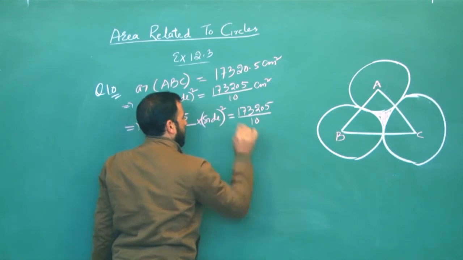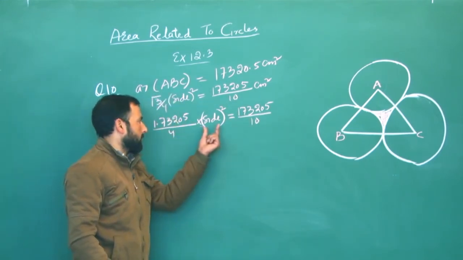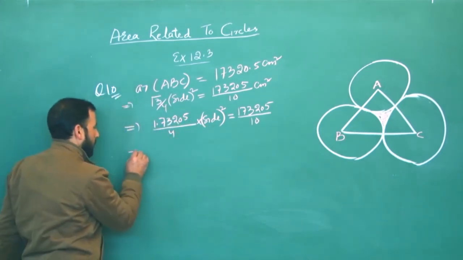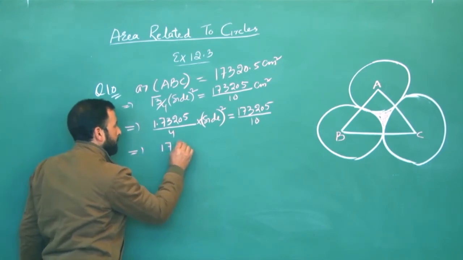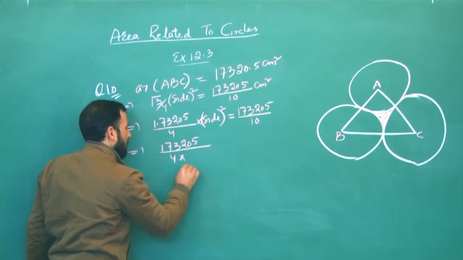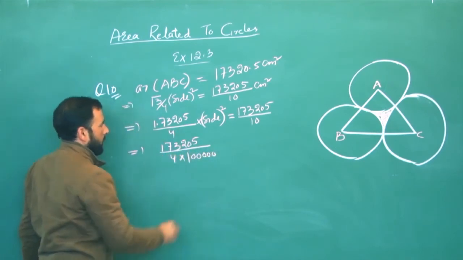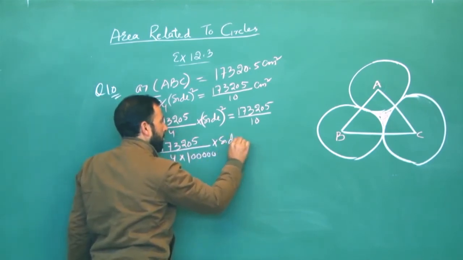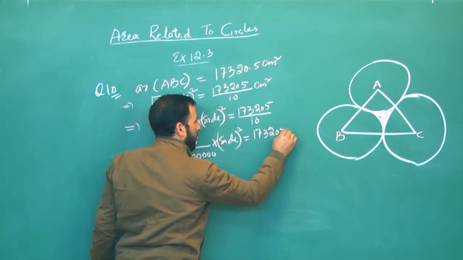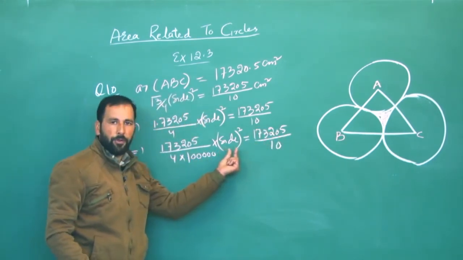Now we have to find the side of the equilateral triangle. We can write it as 17320.5 divided by 4 into 1 and 5 zeros, into side square, is equal to 17320.5.